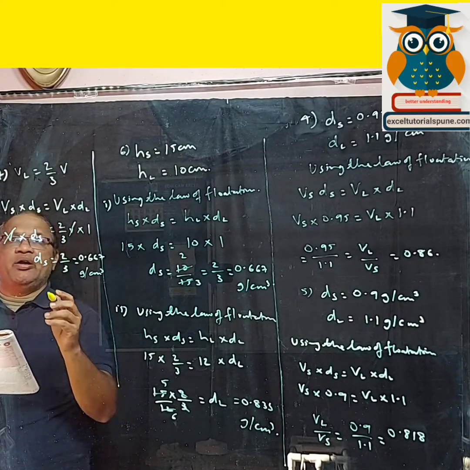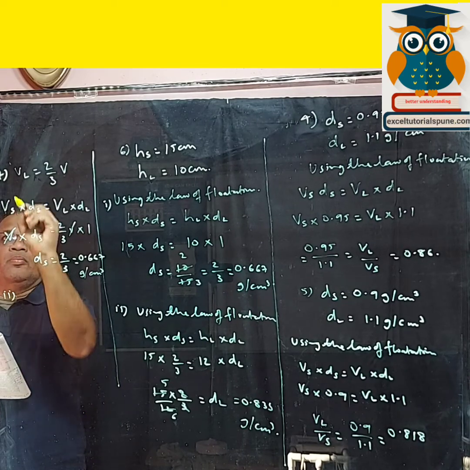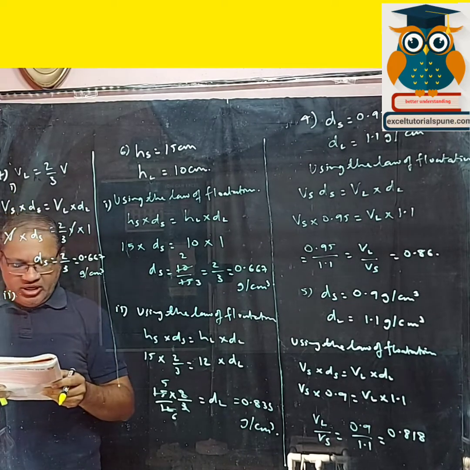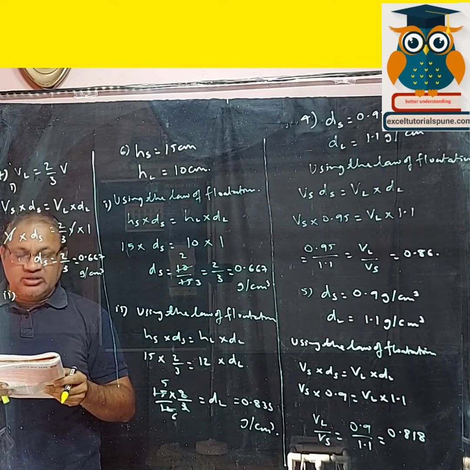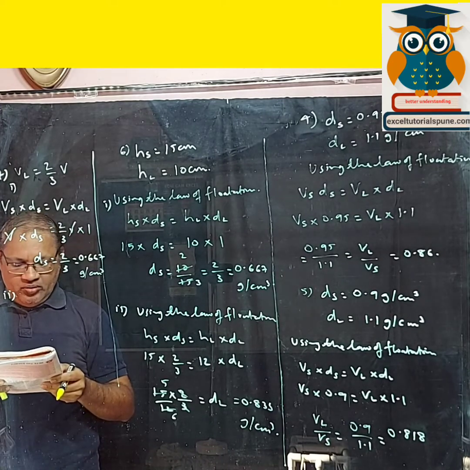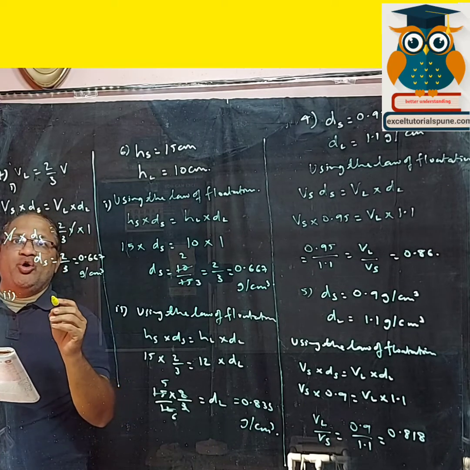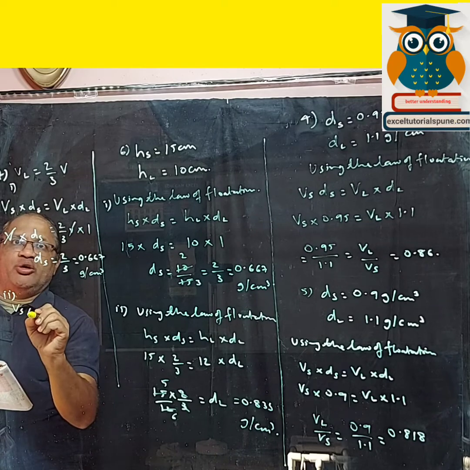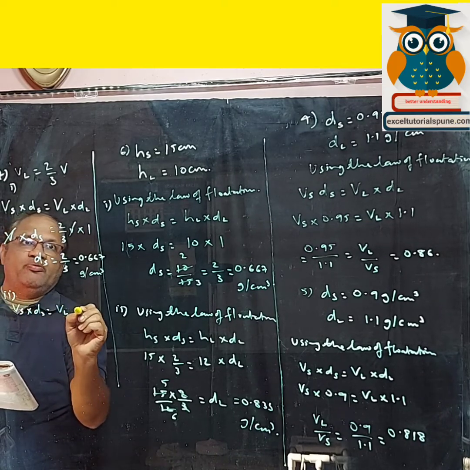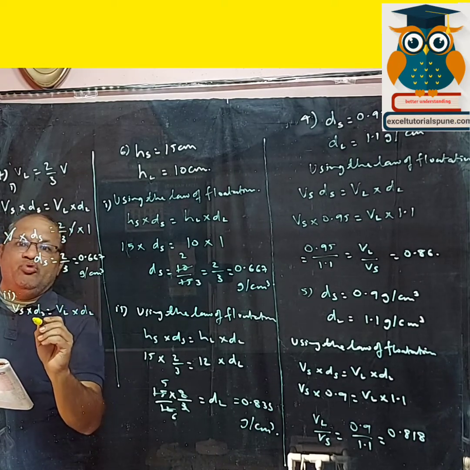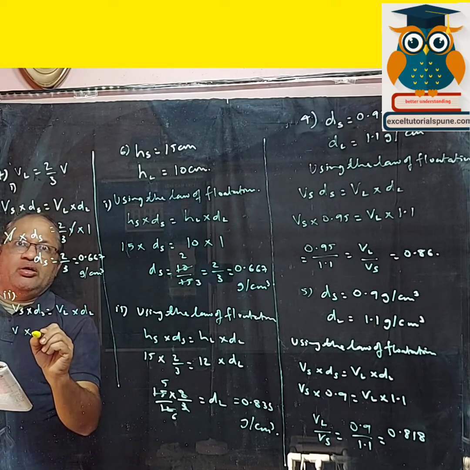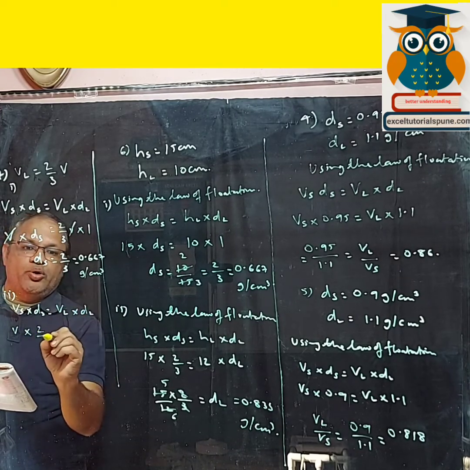Okay, now the second part. Second part is find the density of oil. Okay, when the same block is placed in oil. So density of oil you want. So volume of solid into density of solid is equal to volume of liquid into density of liquid. Volume of solid we have taken V. Density of solid we found out 2/3.